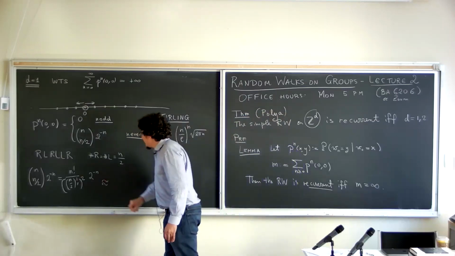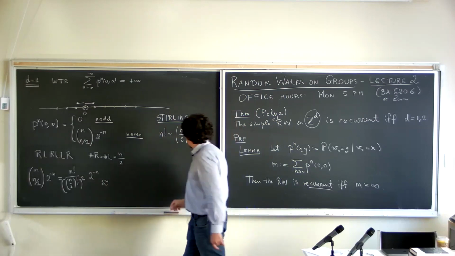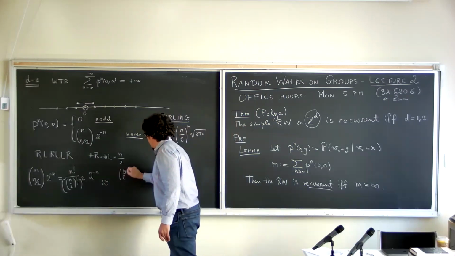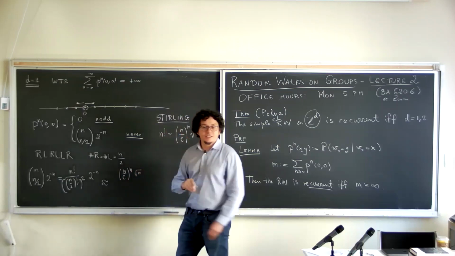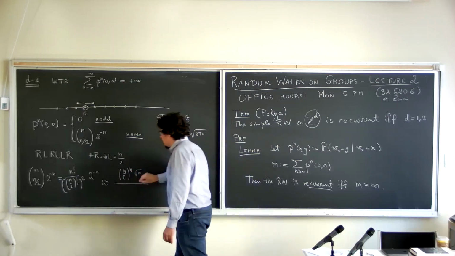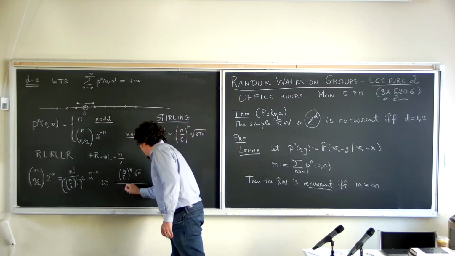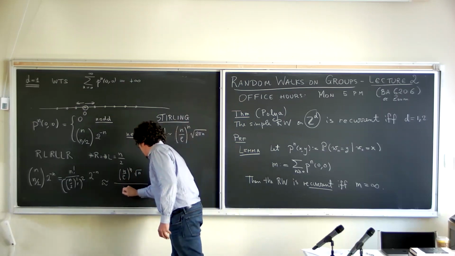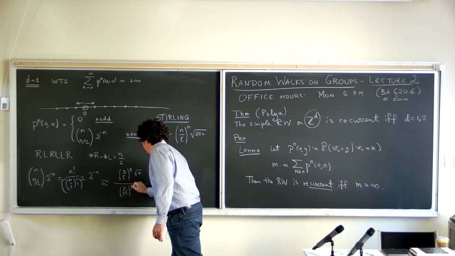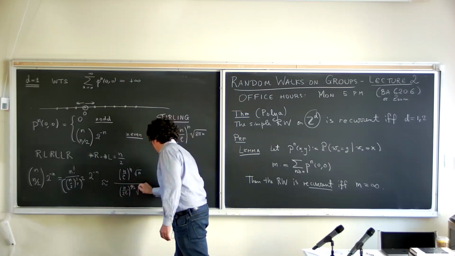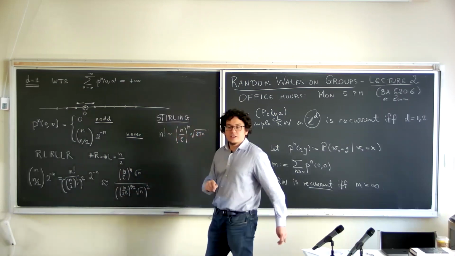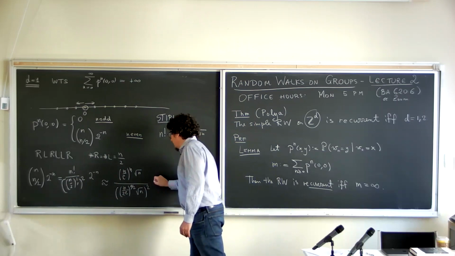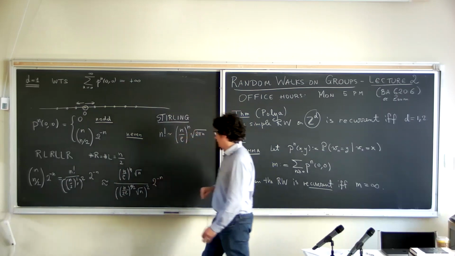And it's kind of nice, this exercise, because if you've never seen it, you get n/e to the n times square root of n, and in the denominator you get n/2e to the n/2 times the square root of n, squared, and then you still have this 2 to the minus n.